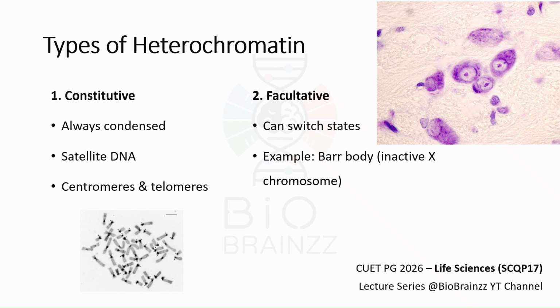The micrograph shown on the right highlights a dense spot inside the nucleus, which is the bar body formed due to X chromosome inactivation. So remember, constitutive heterochromatin is permanently condensed and structural, while facultative heterochromatin is reversible and regulatory.